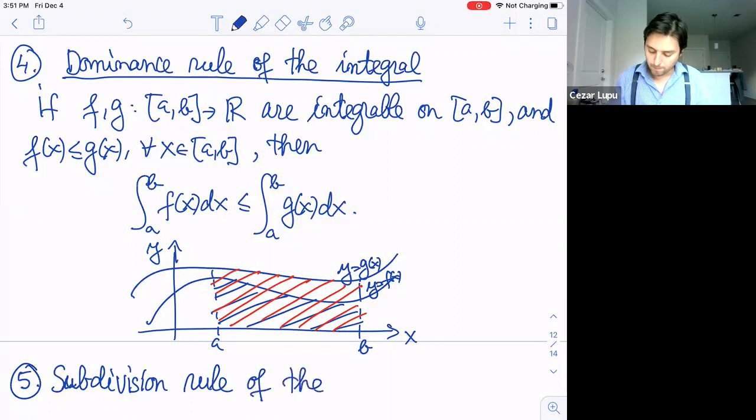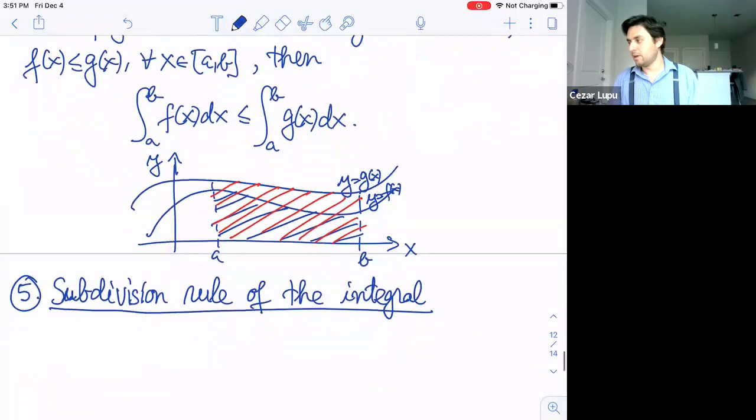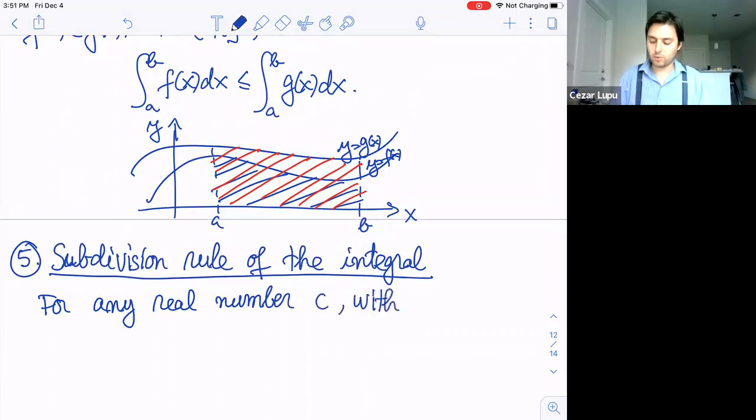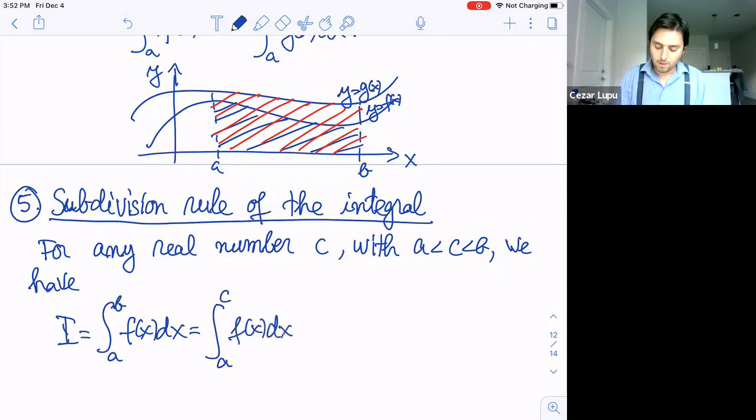Of the integral. Okay, and in this case, we basically say the following: for any real number C between A and B, we can write the integral from A to B of f of x dx as nothing else than the integral from A to C of f of x dx plus the integral from C to B of f of x dx.